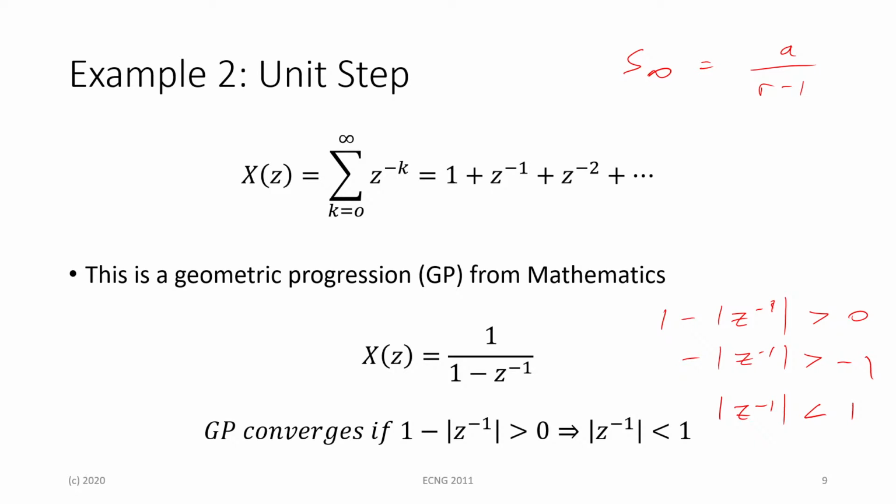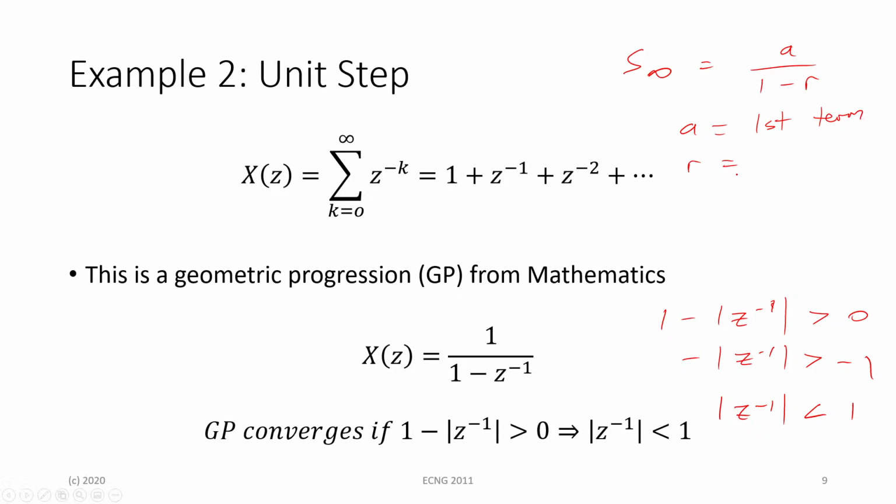So for geometric progression, the sum of infinite terms is A divided by 1 minus R, sorry. One minus R. And A here is this term.